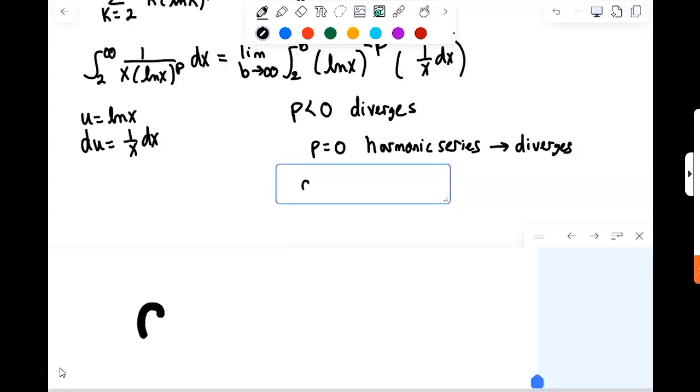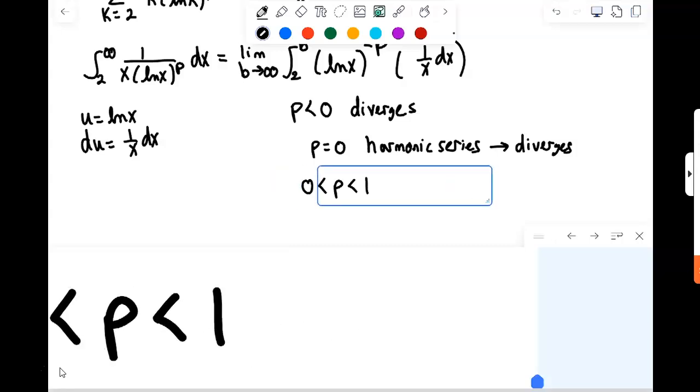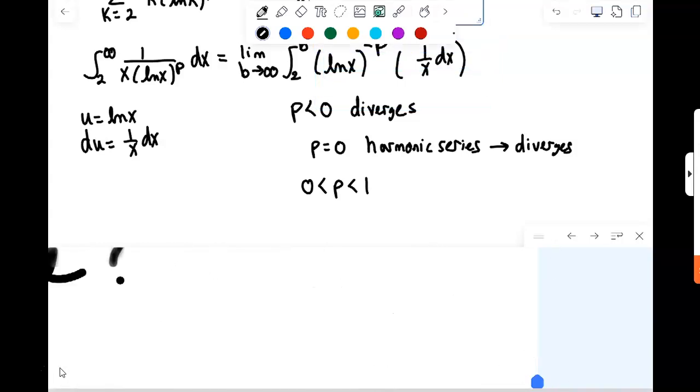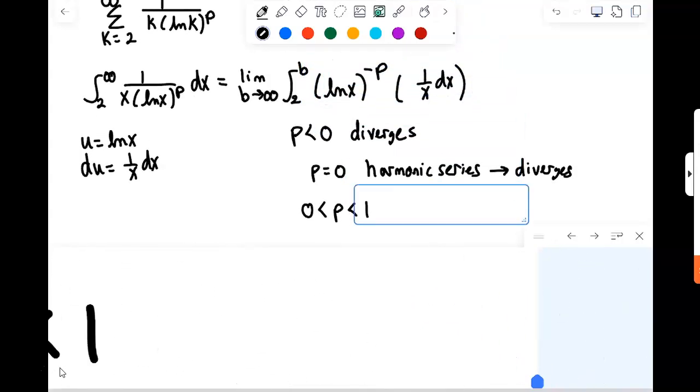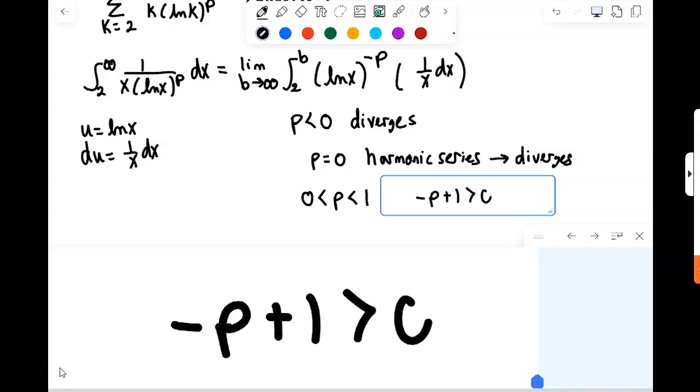And that is, first, if p is between 0 and 1, then when we do the integral here, we would add 1 to the exponent. So that would mean minus p plus 1 would be greater than 0.